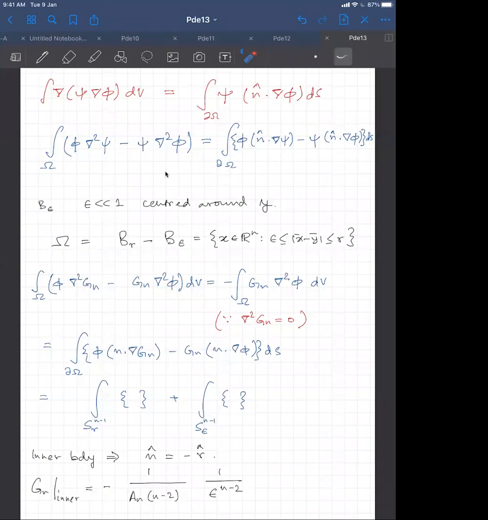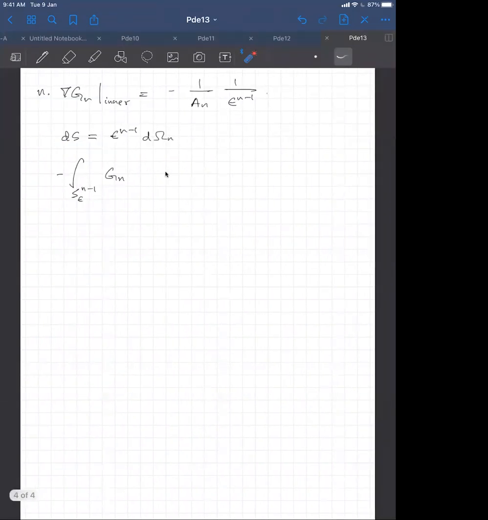So this final term in this last equality is the following.